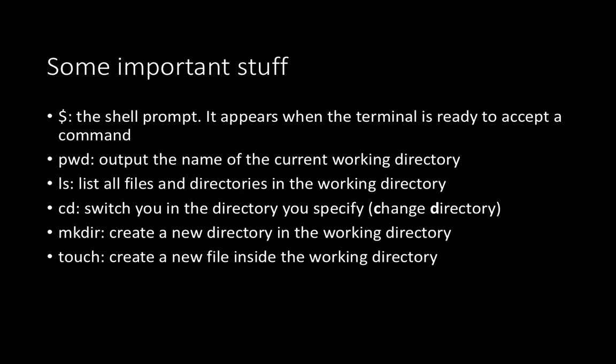Now this $ sign is called the shell prompt, and it appears when the terminal is ready to accept a command. So when you write a command and the terminal takes some time to execute the command, you'll have to wait until this shell prompt appears for you to write the next command.